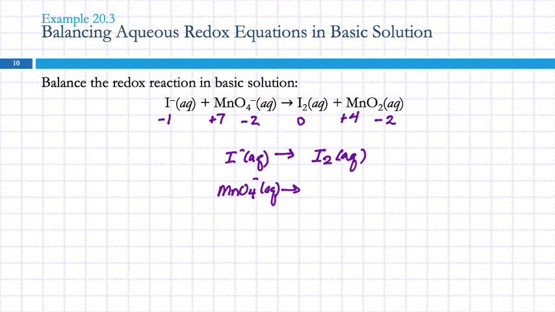And this manganese product is going to go down here with the manganese reactant. What do I do next? Balance for mass. 1 iodine, 2 iodines. So I need a coefficient of 2 here, so that I have the same number of iodine atoms on each side.